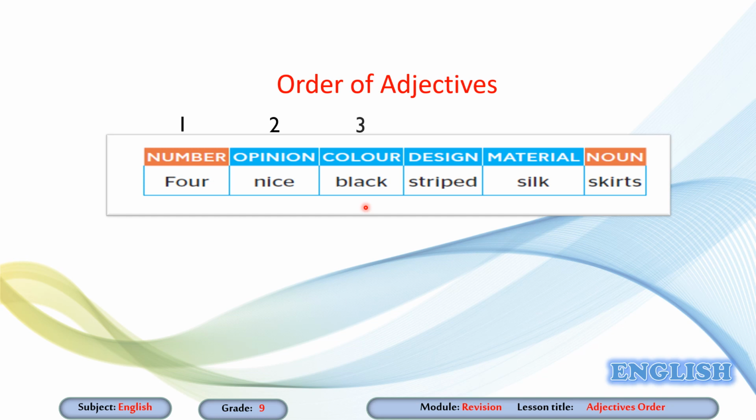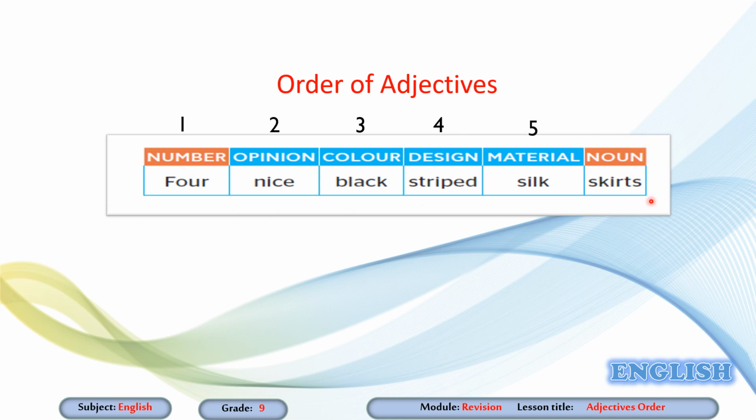The third one is the color. The fourth one will be the design, and the last one will be about the material. Of course, they will be all followed by nouns.